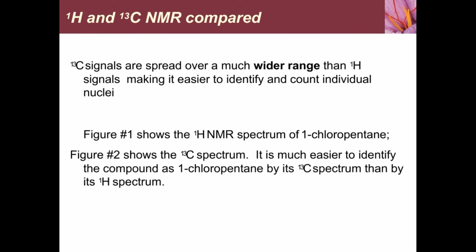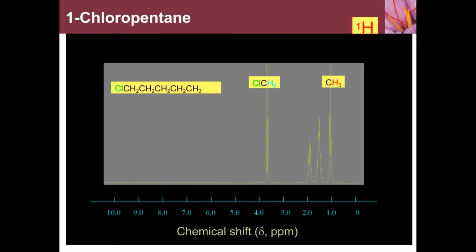In the spectrum obtained for PMR of 1-chloropentane, 5 carbons are in a straight chain. Carbon number 1 is CH2Cl. There are totally 4 sets of protons.